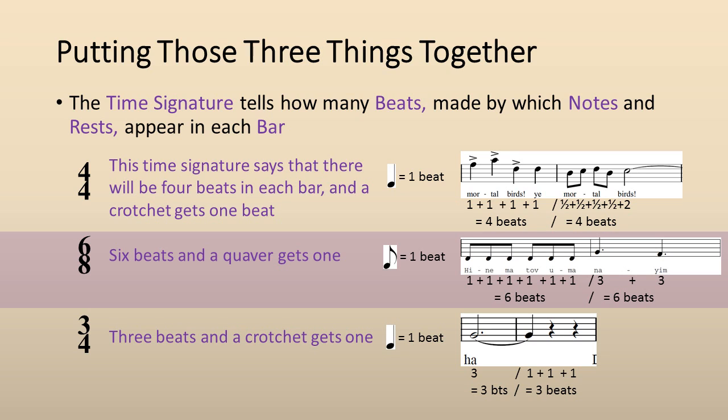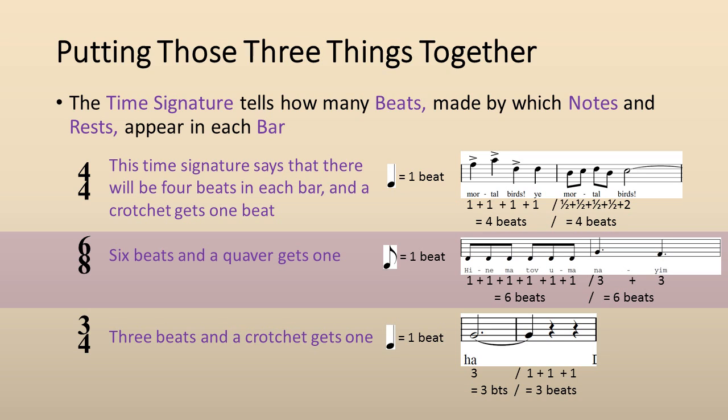The first time signature is 4/4, so there are 4 beats in each bar, and a crotchet gets 1 beat. The first bar in the example has 4 crotchets, so that's easy. The second has 4 quavers, which each get half a beat, and 1 minim, which gets 2 beats, so it adds up to 4 beats.